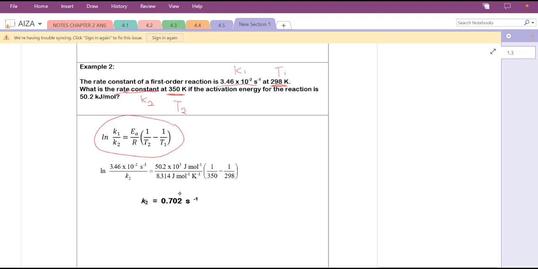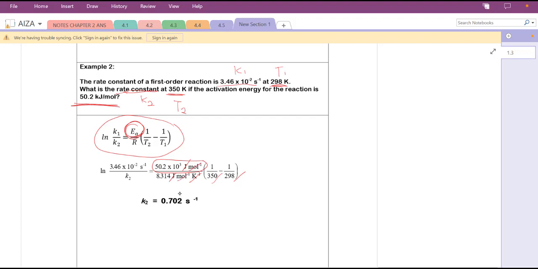The activation energy is 50.2 kilojoule per mole. We write down the equation, and for activation energy, you need to convert into joule. Then you can cancel joule and joule, and here you can cancel Kelvin and Kelvin.